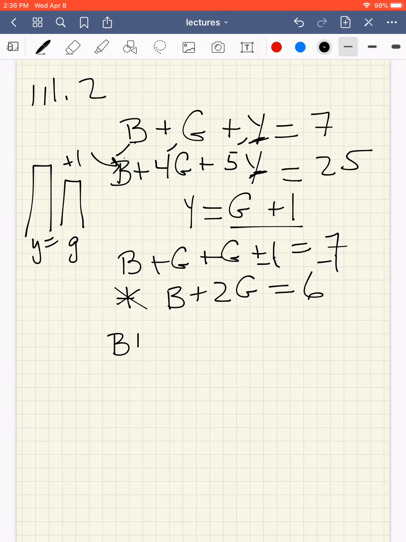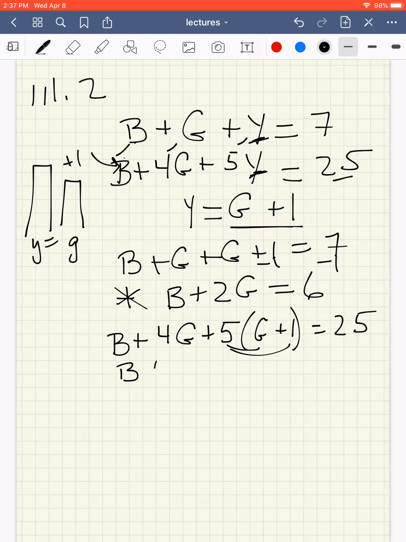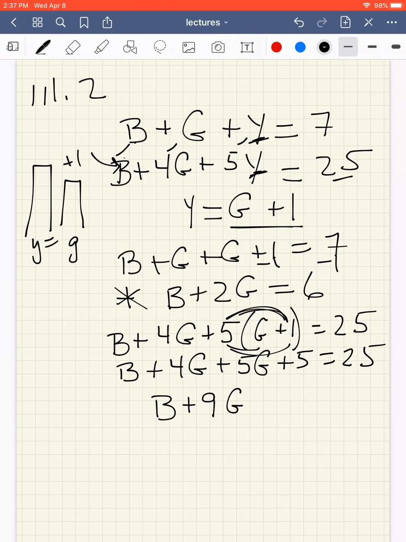So B plus 4G plus 5 times Y, which is G plus 1, and that's equal to 25. So now we have to distribute here. So we have B plus 4G plus 5G plus 5, don't forget, the 5 has to be multiplied by the 1, equals 25, which will give us B plus 9G, and if we subtract 5, we get equals 20. So there's our other equation.